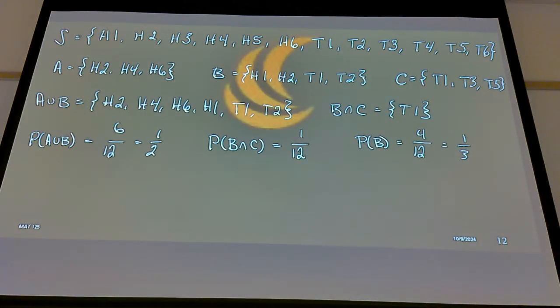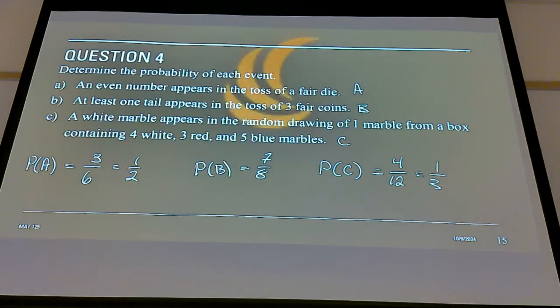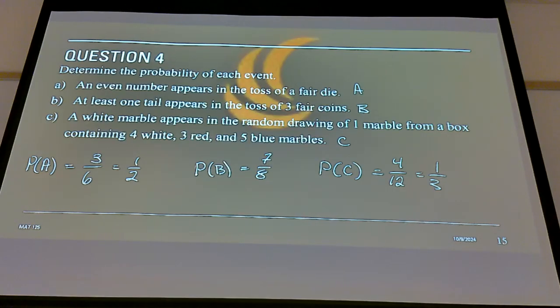This one I just explicitly listed out all of the sets and then counted how many were in each one. Here there was no need to do it because they actually gave you numbers for part C. Does that make sense?